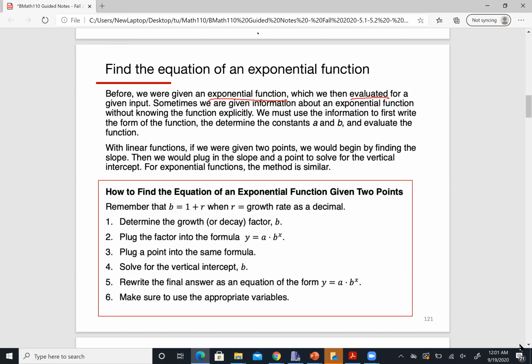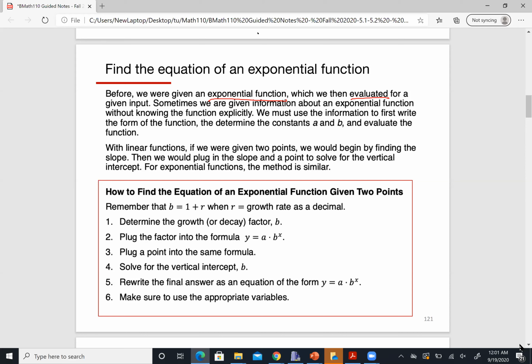We must use the information to first write the form of the function, determine the constants a and b, and evaluate the function. For a linear function, if we are given 2 points, we would begin by finding the slope. Then we would plug in the slope and a point to solve for the vertical intercept. For an exponential function, the method is similar.